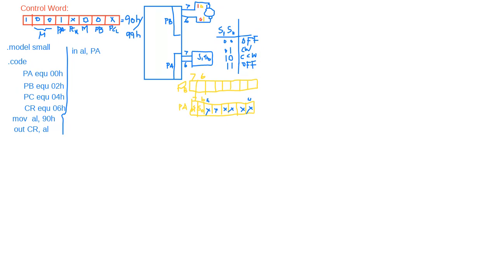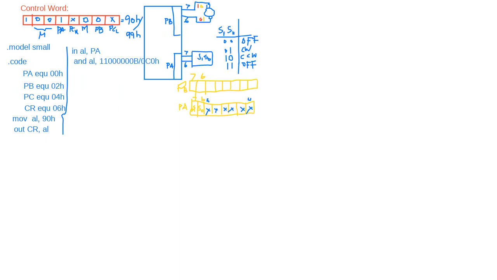Is it clear? Masking off. Yes, we can write 1 1 and all zeros, or we can write C0H, or 0C0H. Both are okay.